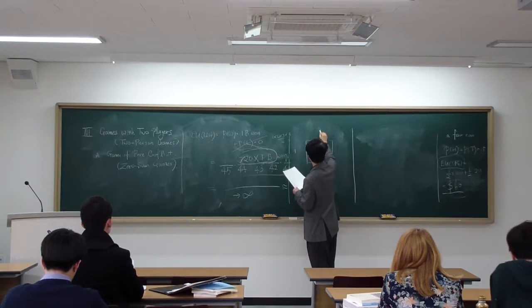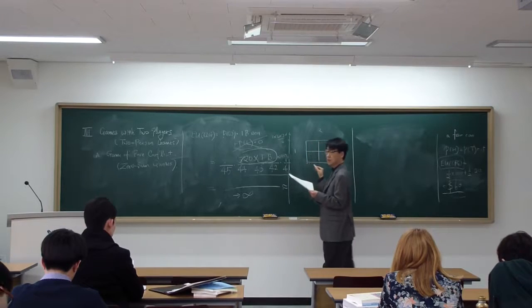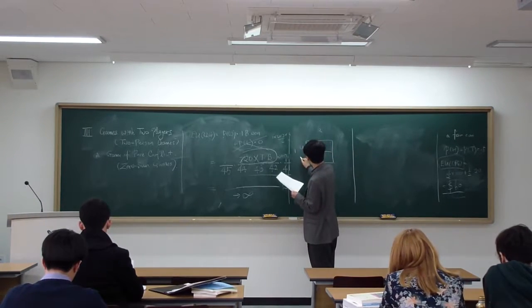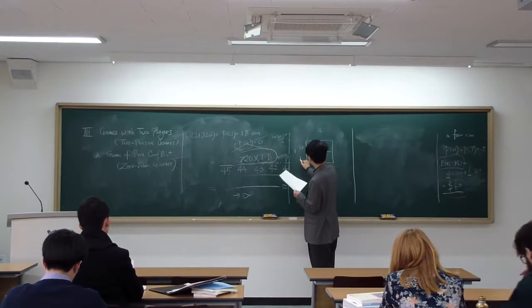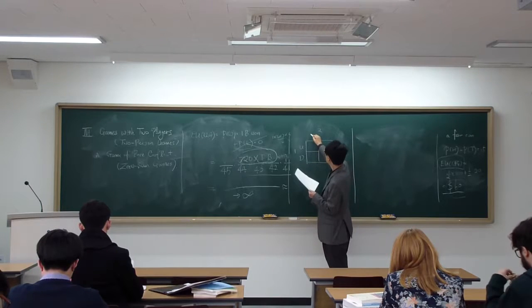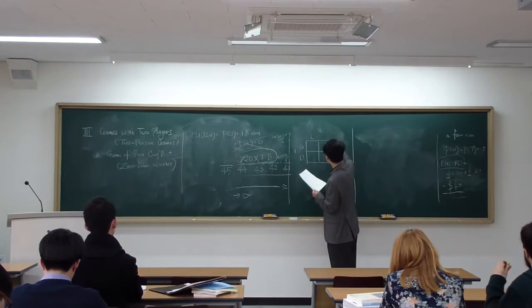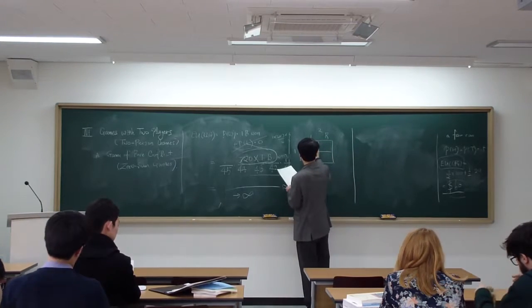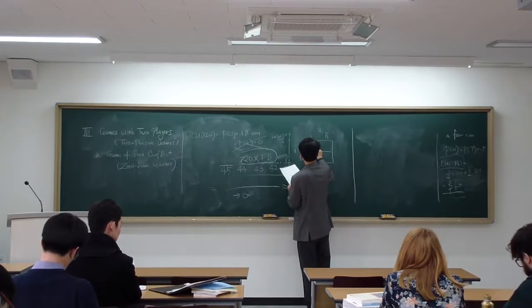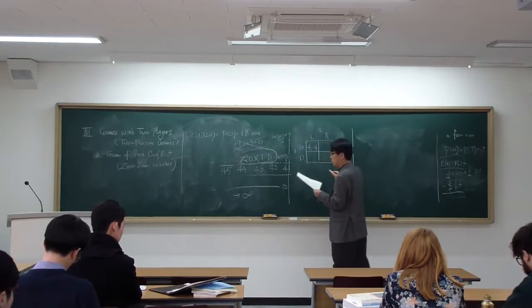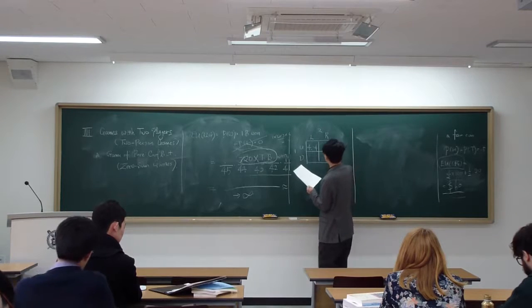Player 1, player 2. Let's call this row the up strategy, this row the down strategy, this column the left strategy, this column the right strategy. Let me arbitrarily come up with a two-person zero-sum game.